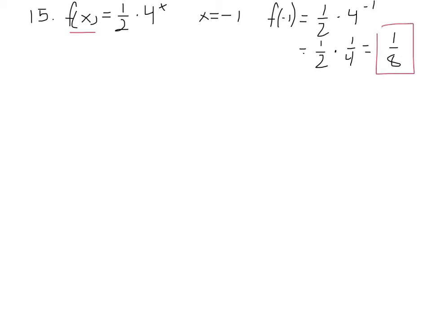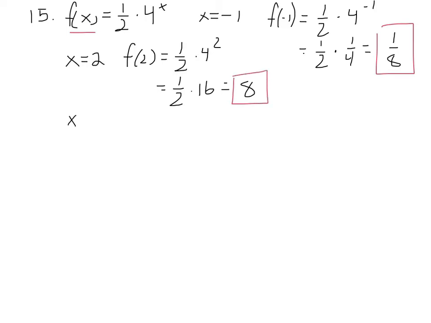Then it says let x equal 2. So again, we substitute: f of 2 equals 1/2 times 4 squared, which equals 1/2 times 16. We can take 1/2 of 16 and get 8.